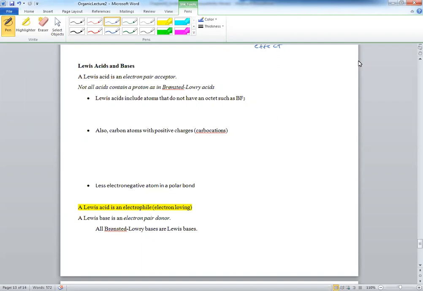So a Lewis acid is defined slightly differently than a Bronsted-Lowry acid, and we simply call it here an electron pair acceptor. So it accepts an electron pair. So this electron pair is going to the Lewis acid.